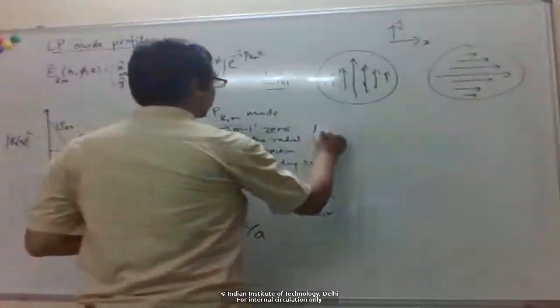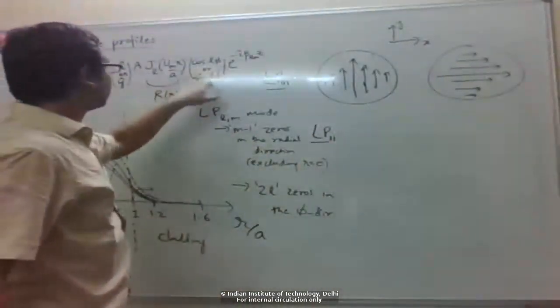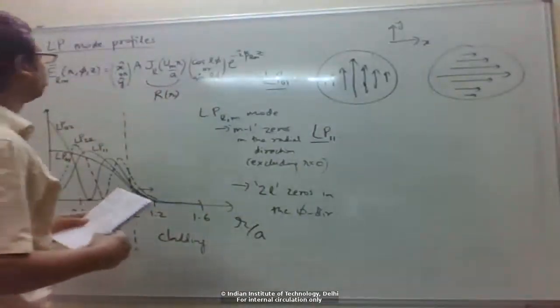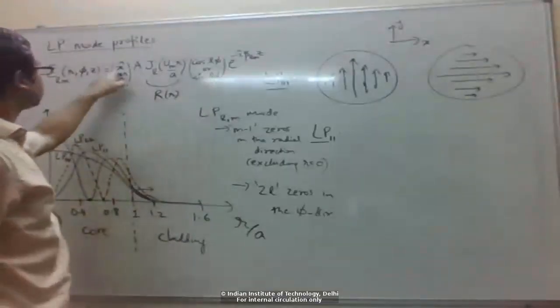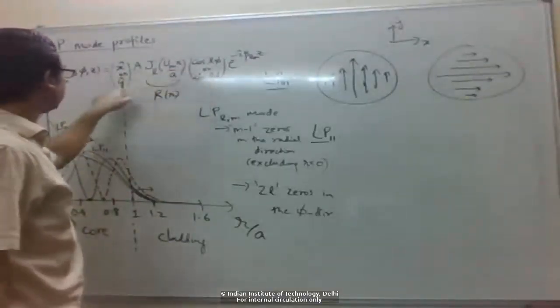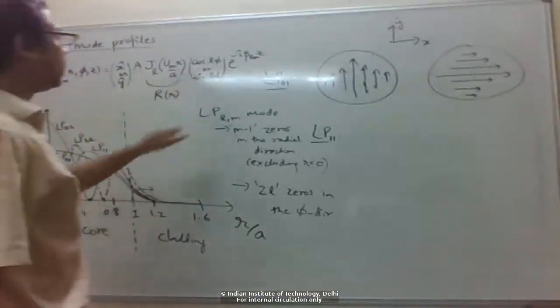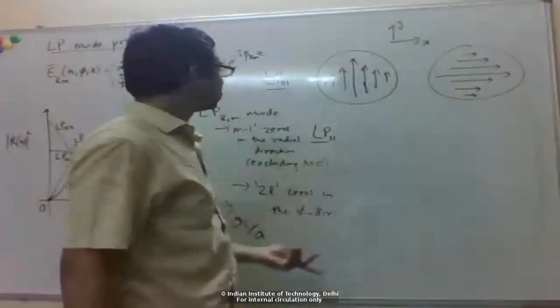Now if we go to LP11, we have cosine phi or sine phi, right? So now we actually have four possible combinations: X polarized cosine phi, X polarized sine phi, Y polarized cosine phi, Y polarized sine phi. So only LP01 is twofold degenerate because there is no phi dependence.